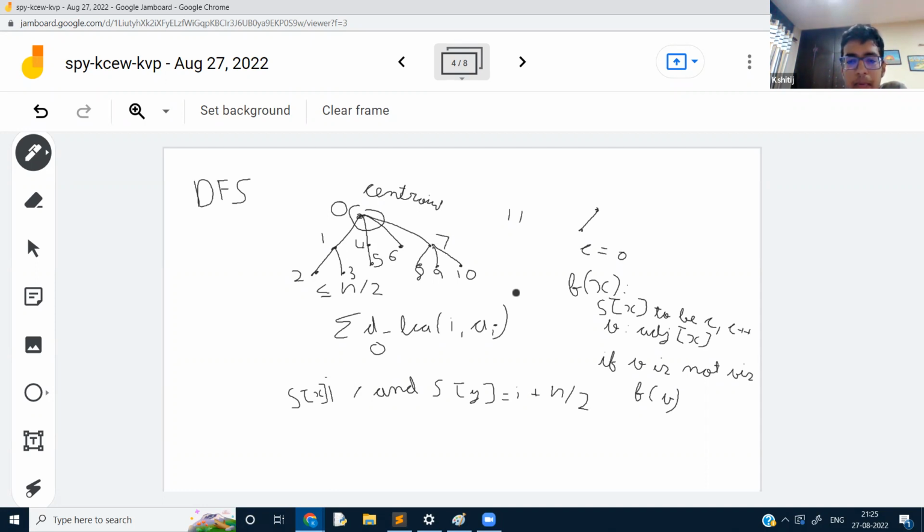Like if they are in the same subtree, this means that the size of the subtree is greater than I plus n by 2 minus I plus 1. All the nodes between them also counted, which is not possible since this is the centroid node. All the nodes have subtree size at most n by 2.